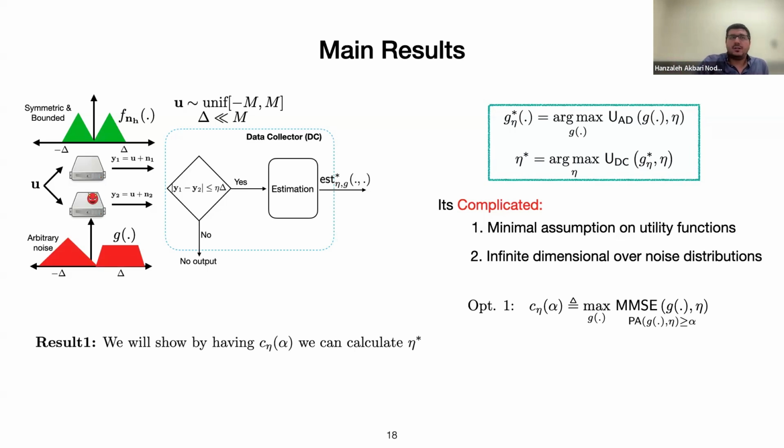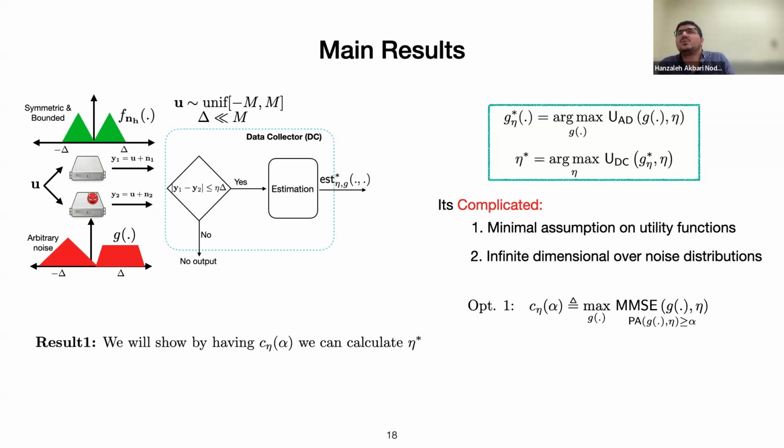And the first result is that we will show that by having access to the result of this optimization problem, we can calculate eta star, which is the best response of the data collector. Okay. This is a very surprising result. The main reason is that if you note in optimization 1, there is no notion of the utility functions.